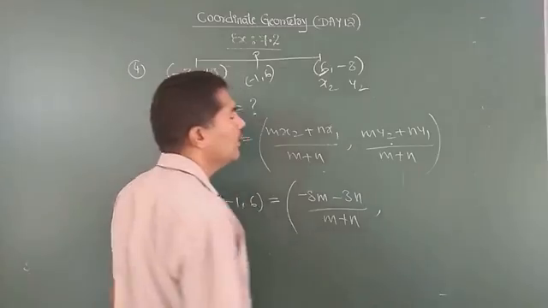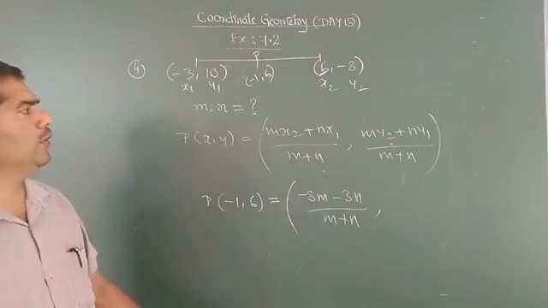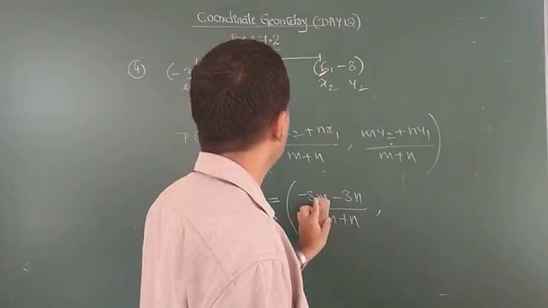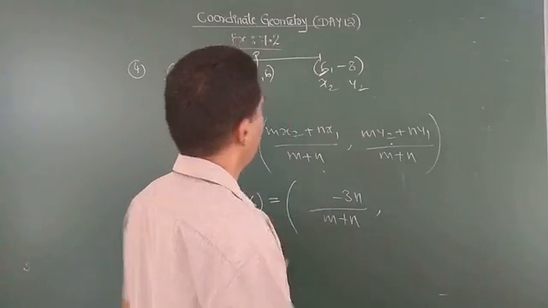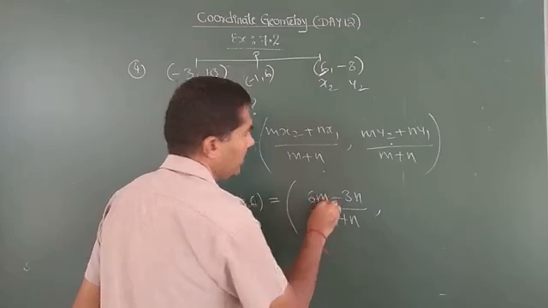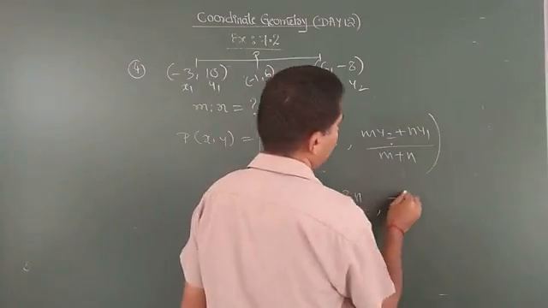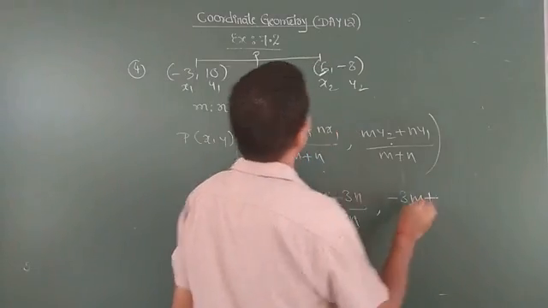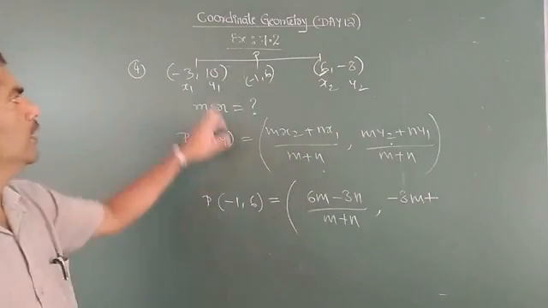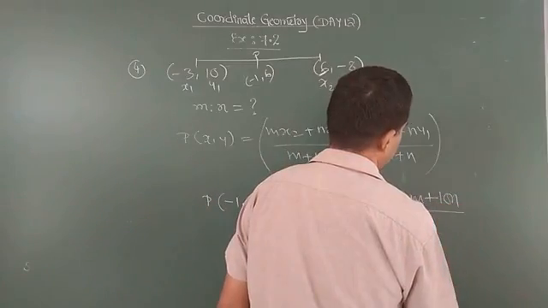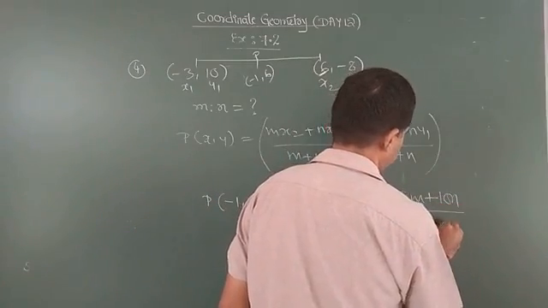So that is the x coordinate. For y, here I had done wrong. my2 becomes minus 8m plus ny1 becomes 10n, divided by m plus n.